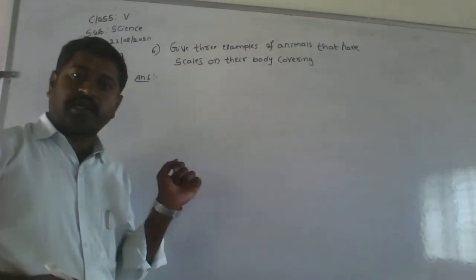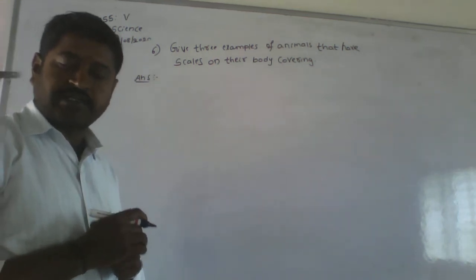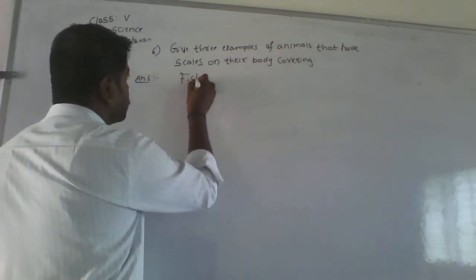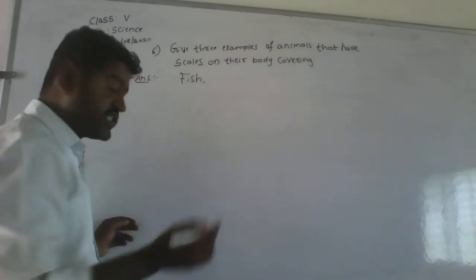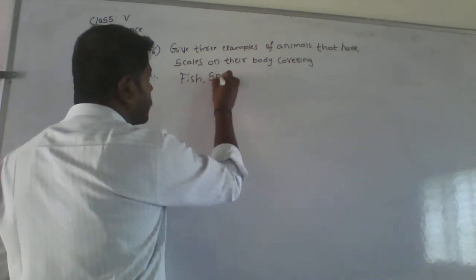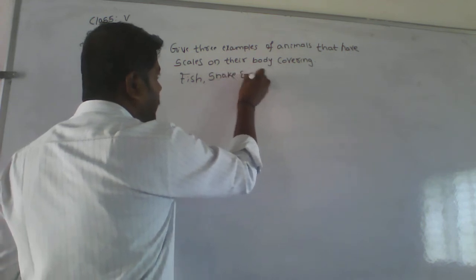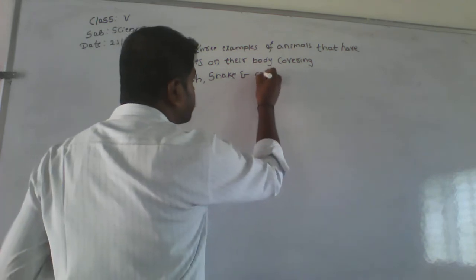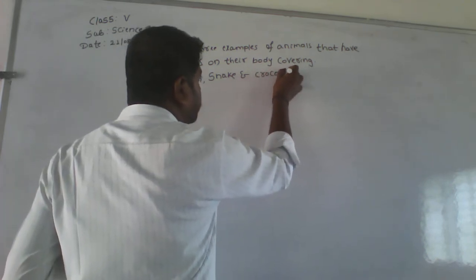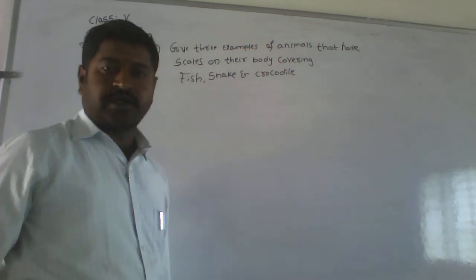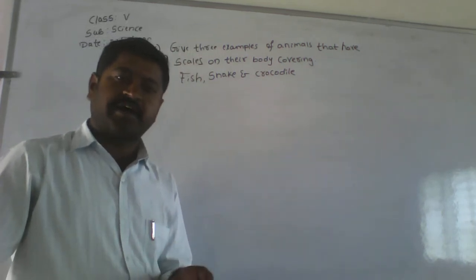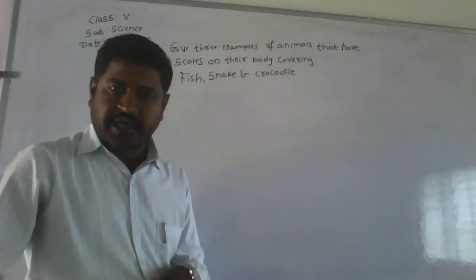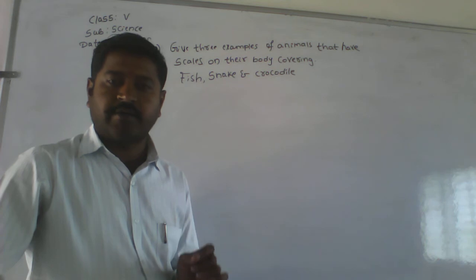So which are those animals which have scales on their body? One is fish, then snake, and another one is crocodile. So understood? Fish, snake and crocodile are the animals which have scales on their body covering.